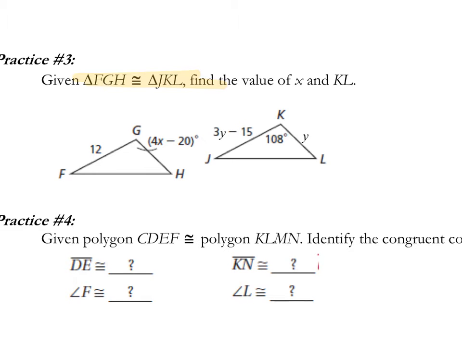So that means that FG is congruent to JK, and GH is congruent to KL, and so forth. Looking at this example, I see FG, that's going to pair up with JK, and since those are congruent, I can set them equal to each other. So 12 equals 3y minus 15. So y equals 9.